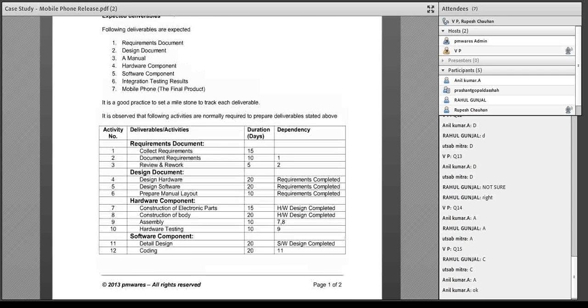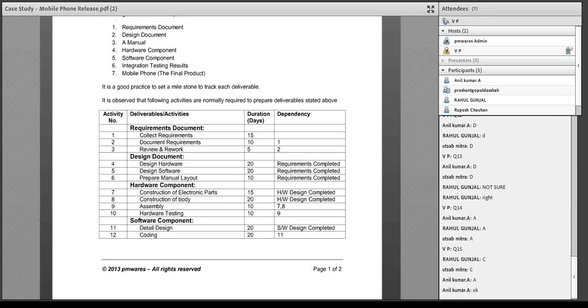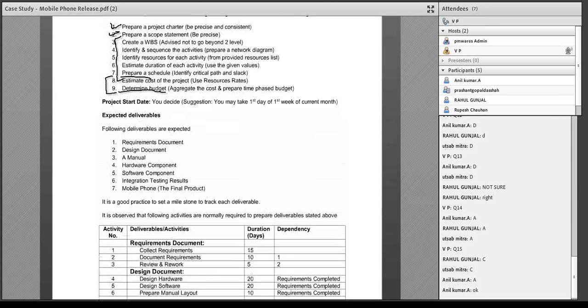Many of the things you are asking above are also given here. My simple suggestion is that you think about one mobile phone, what type of mobile phone you want to launch. You put this into your objective: this is the type of mobile phone, this is the audience we are targeting, this is the cost of the mobile phone, this is the purpose, the business case.